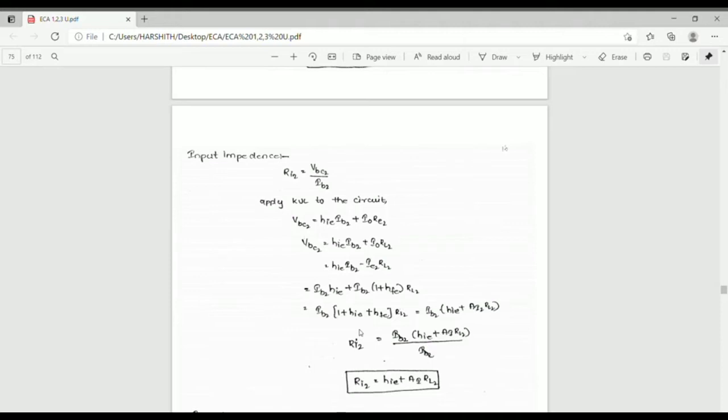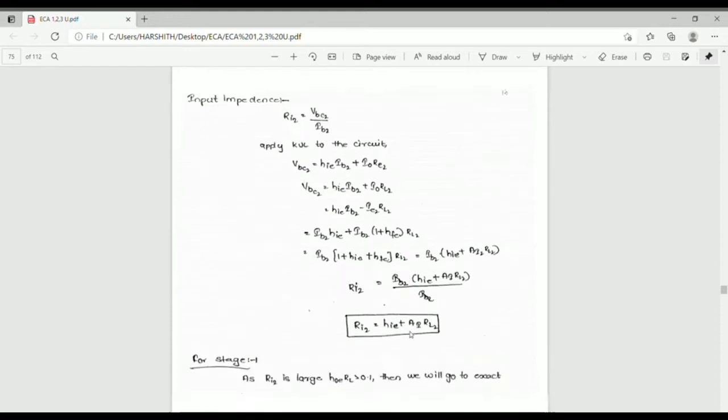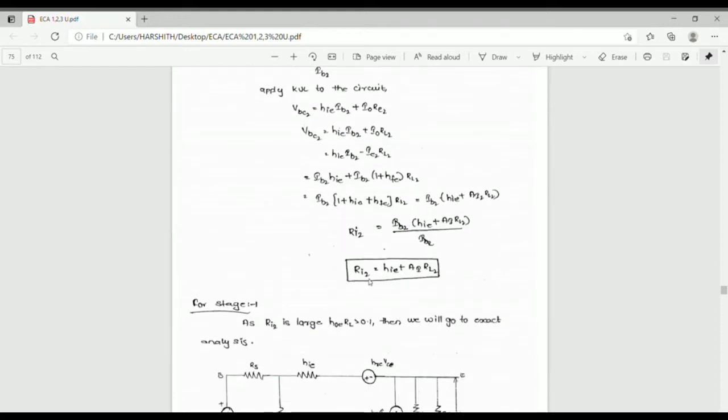So that becomes hie IB2 minus IE2 RL2. This can be simplified as IB2 hie plus IB2 into 1 plus hfe RL2. So finally, RI2 equals hie plus AI RL2.